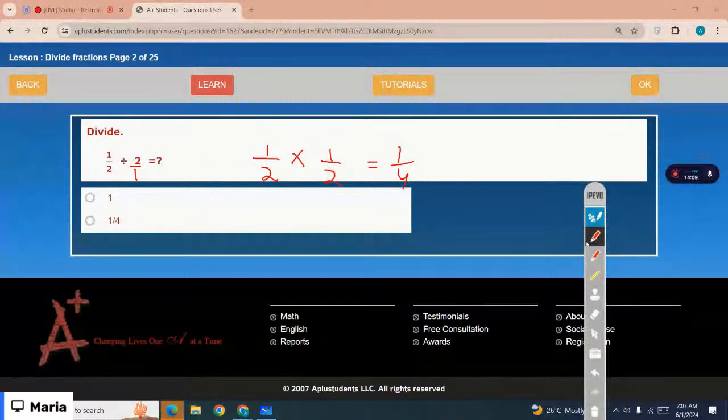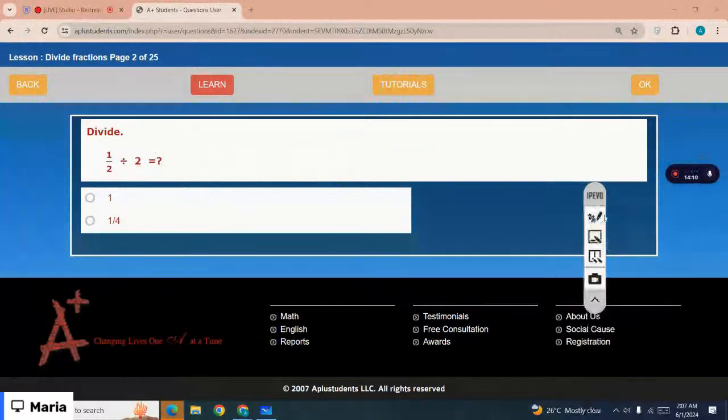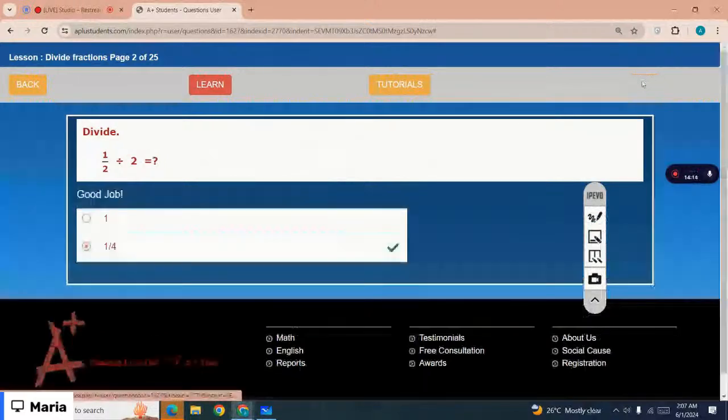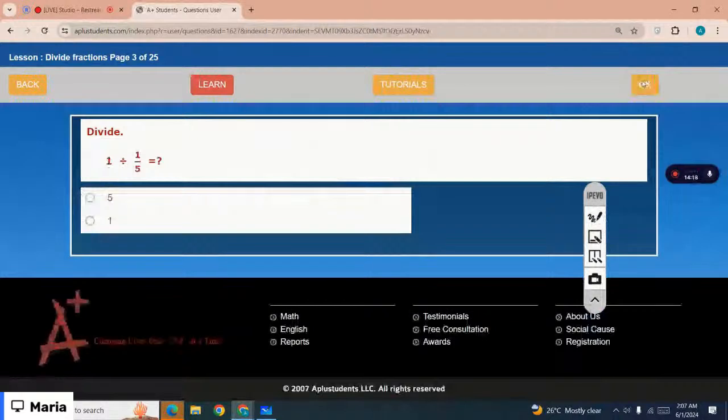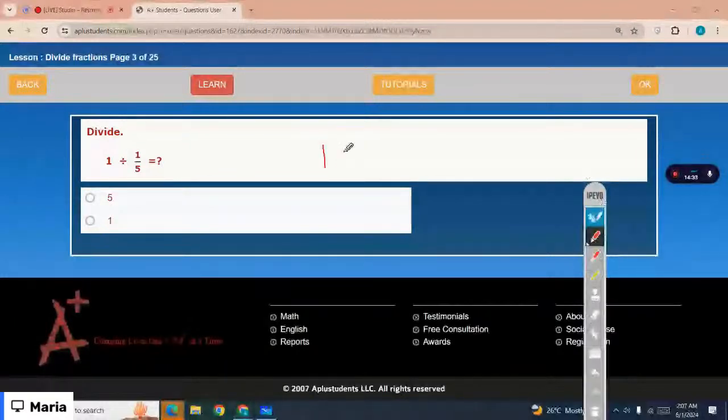Okay, the next one is 1 divided by 1 by 5. So you have to change the division sign to multiplication and take the reciprocal of the term after it. So the reciprocal of 1 over 5 is 5 over 1, right?